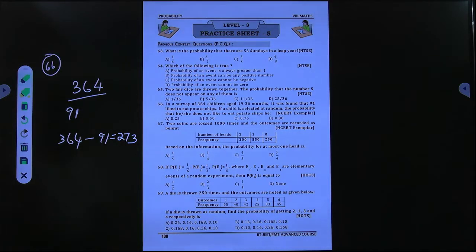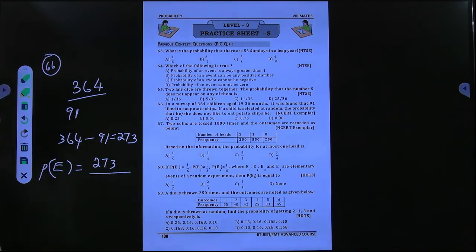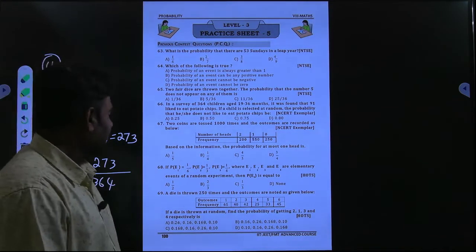Let P(E) be the required probability of the event. Then P(E) is the number of children who are not interested in potato chips, 273, divided by the total number of children, 364.